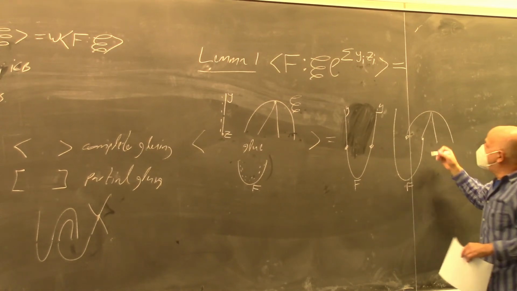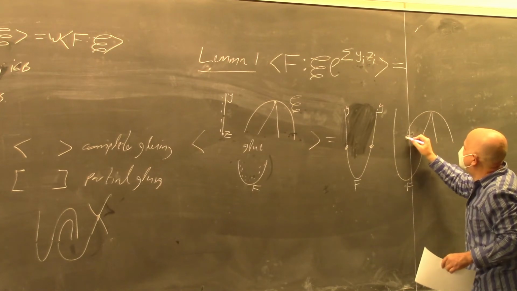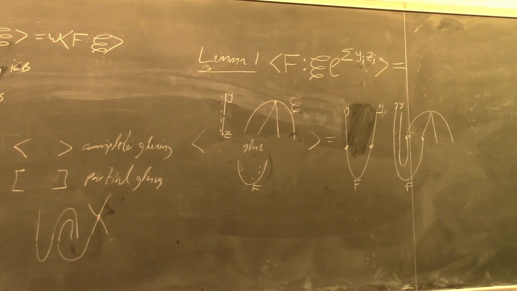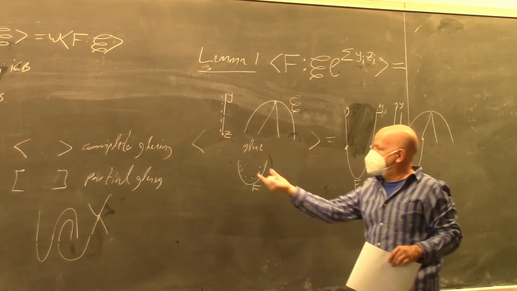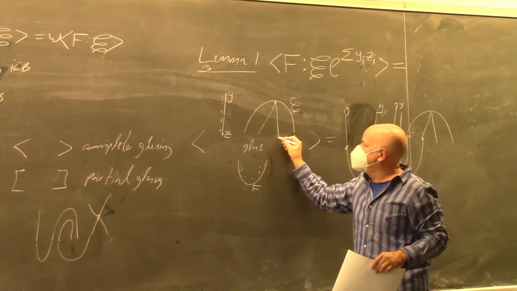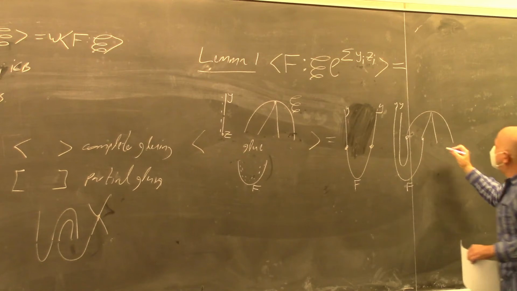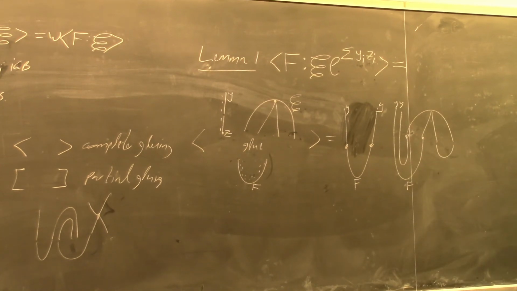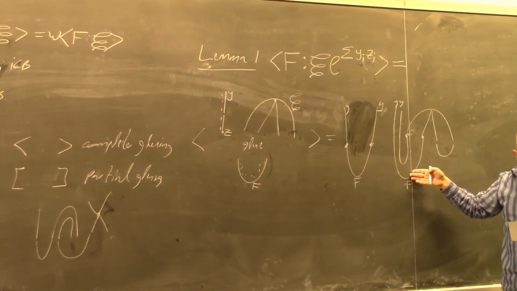Maybe there will be another one, which might also be glued to a y. And then the last thing is that the two sides of an f could be glued directly to E. So you'd be getting a gluing like this. So that's all the things that you can get.